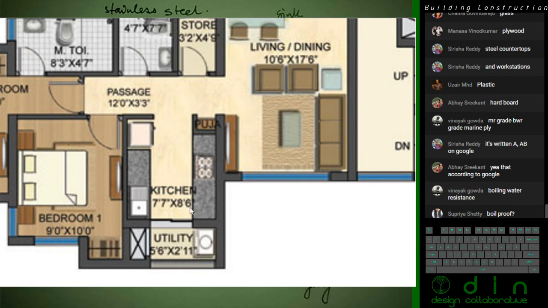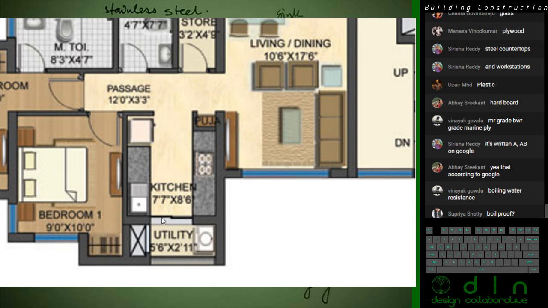You have to put the counter on that side and this side. You can't connect the two counters because obviously you need space to go to the utility. And the fridge has to go inside one of these spaces, so the counter has to be cut there. Literally nothing else that you can do. Possibly take off the puja, put the fridge there. That's about it. Again, utility, I'll explain why this is a bad idea in a bit.